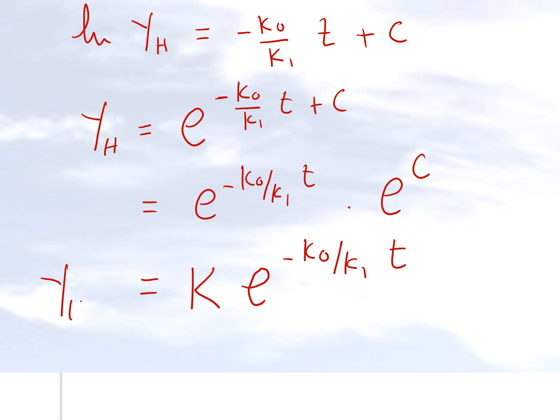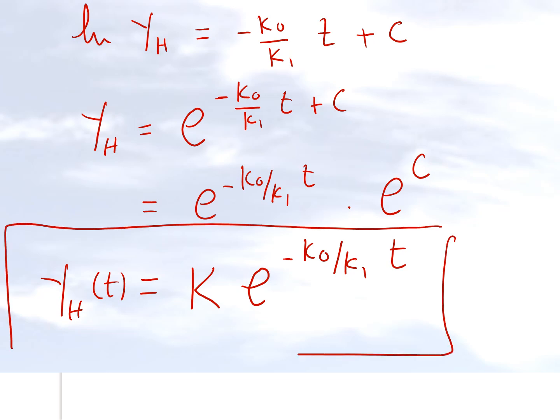And this completes the formula for the homogeneous solution. The homogeneous solution is an exponential function whose exponent is proportional to the coefficients of our differential equation, and this constant here, we can solve for using the initial conditions.